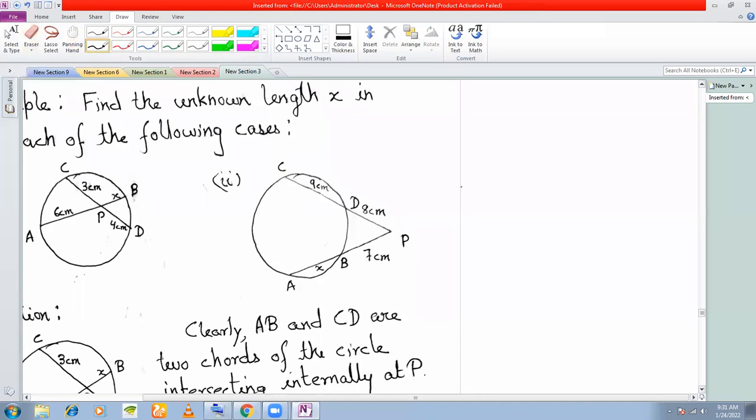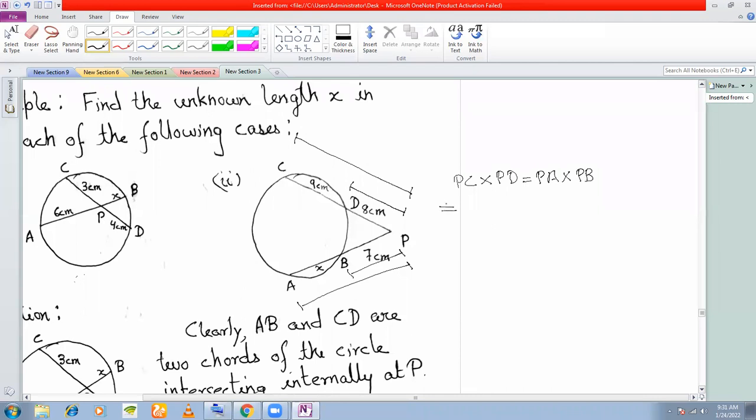What are the segments here? If you see, PC is one segment, this segment. What is the other segment? PD. Must be equal to, this is one segment, PA, into the other segment PB. These two must be equal.